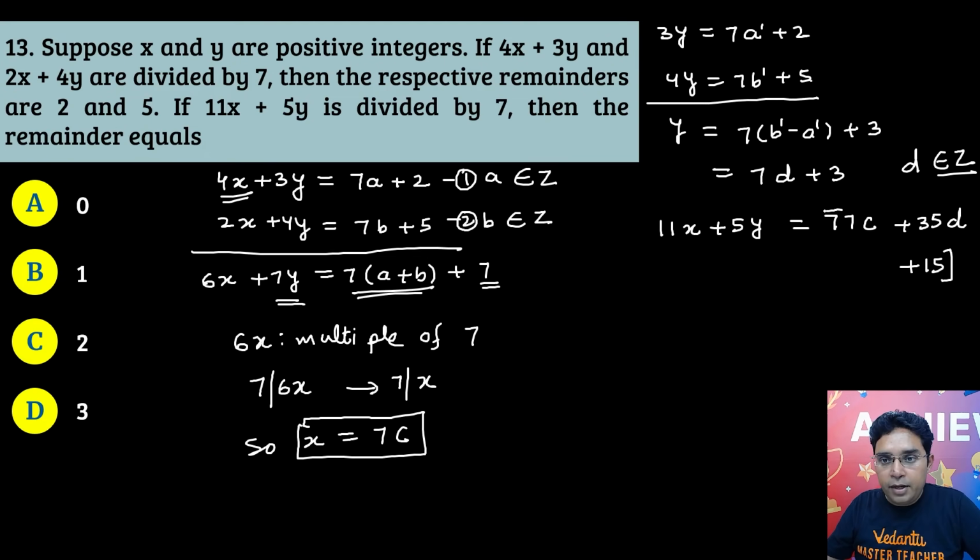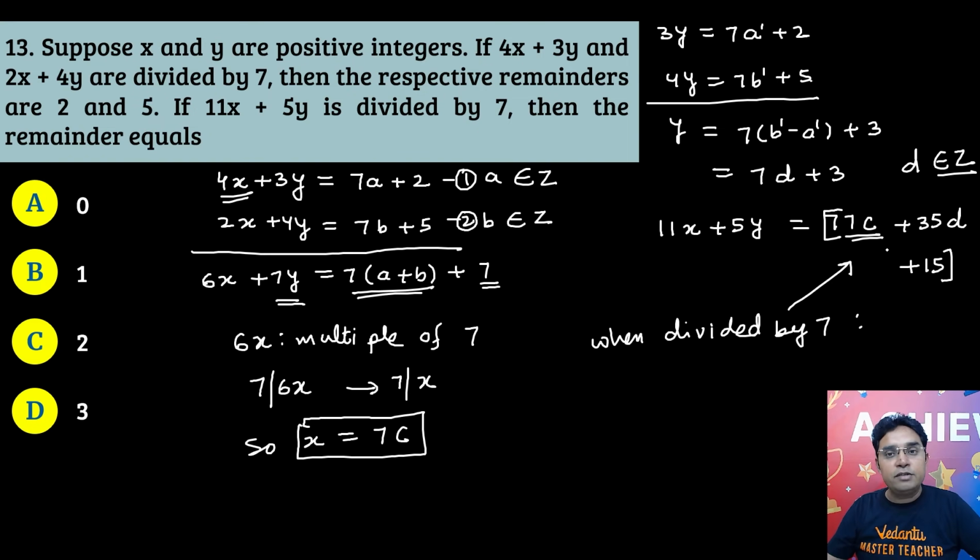So you can see this thing is divided by 7, this thing is divided by 7, and I think the remainder will be, because this will be completely divisible by 7, this will be completely divisible by 7, this 15 when divided by 7 will give us remainder as 1. So the answer here should be B, 1.